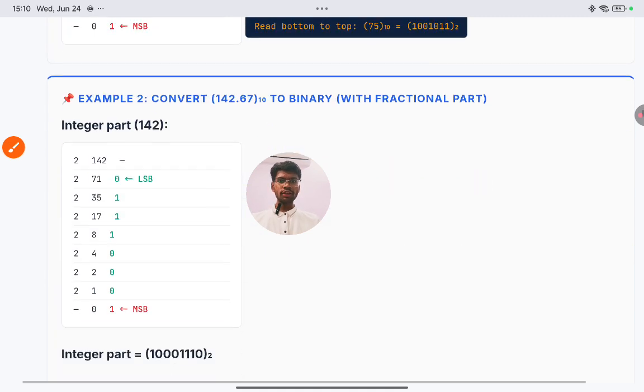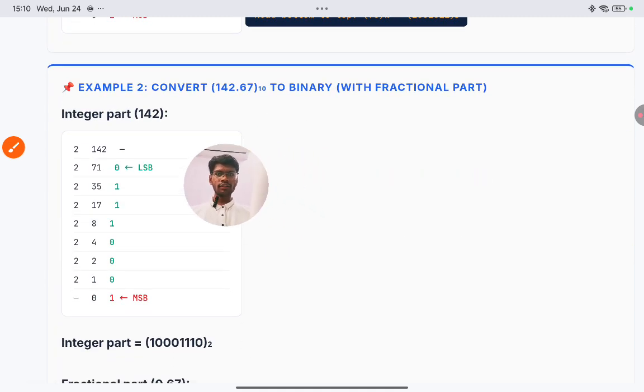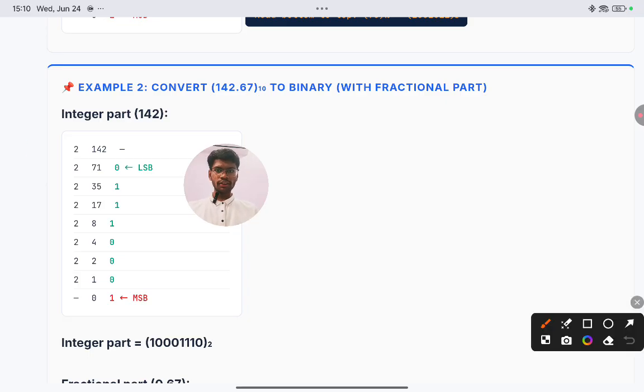If we do it with, let's say, a fractional part or float part in the numbers, like 142.67 to binary, what we will be doing first with the integer part is taking 142.